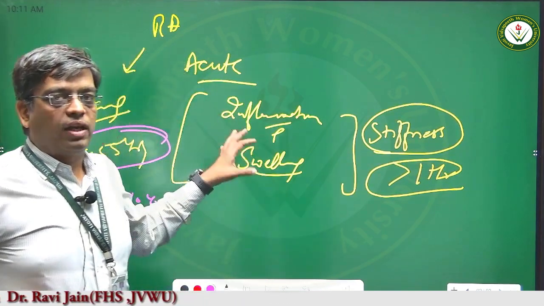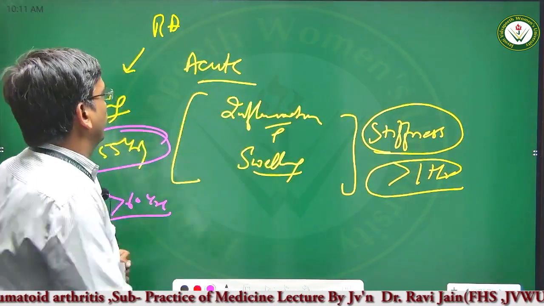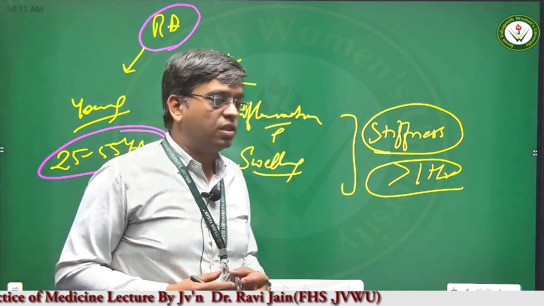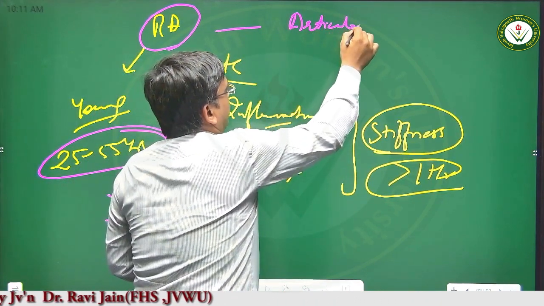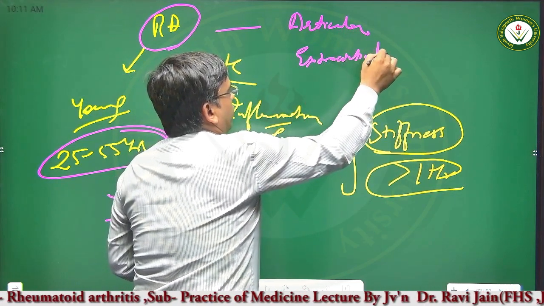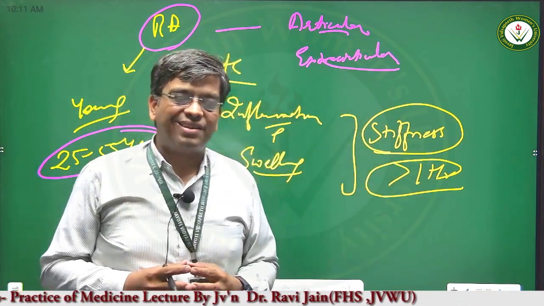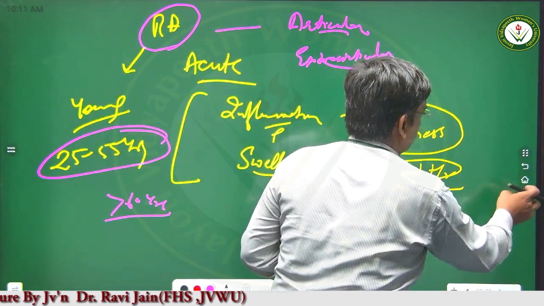Because rheumatoid arthritis affects young individuals and has articular, meaning joint, and extra-articular features, it is a more serious condition in comparison to osteoarthritis.